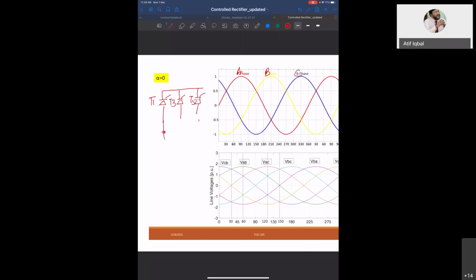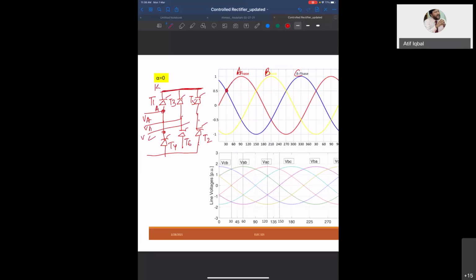And here I have my lower group: this is T2, this is T6, and this is T4. And this is A, this is B, and this is C. In the upper group, the cathodes are connected together, so whichever anode is at the highest potential will conduct.